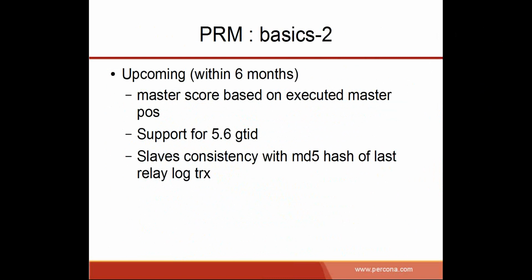Then all the slaves that need to repoint to the new master will look at their relay log and find the MD5 hash of the last relay log transaction that they played. Based on the hash they found, they will query the newly promoted master and find where they should start, which will not necessarily be the last transaction published in the show master status. So it will allow them to resync in an interesting way.